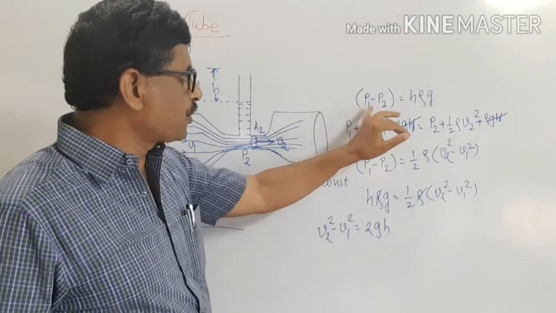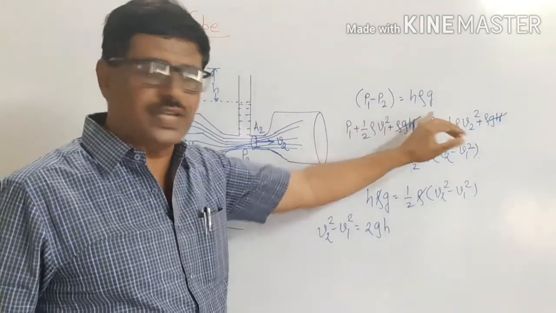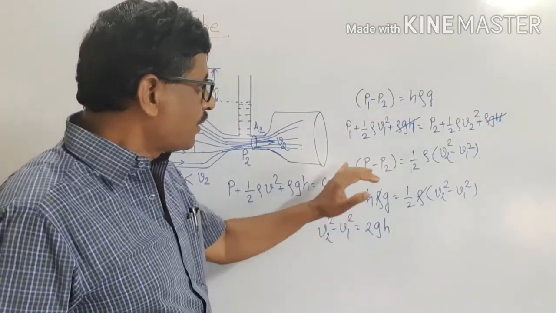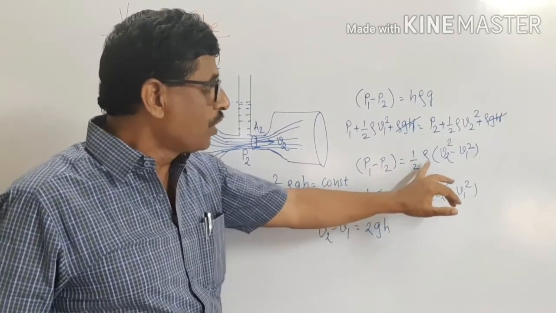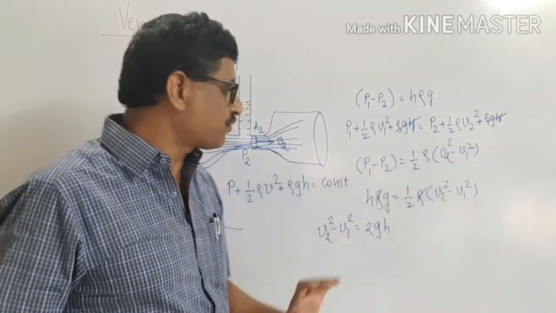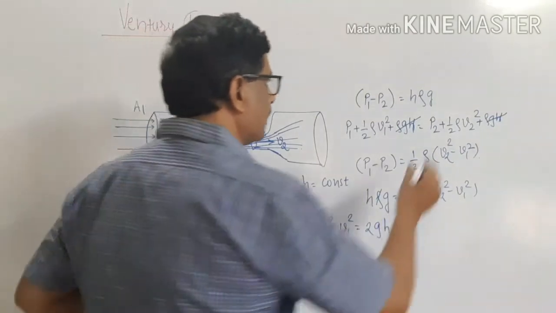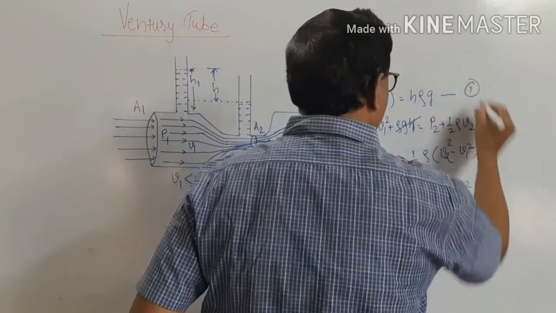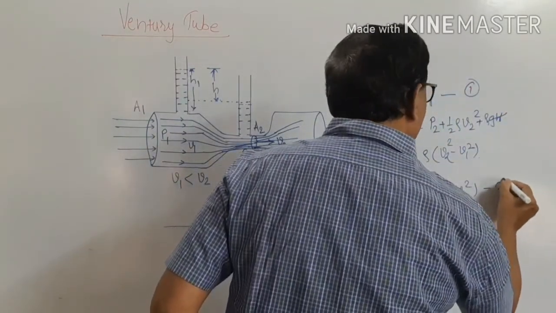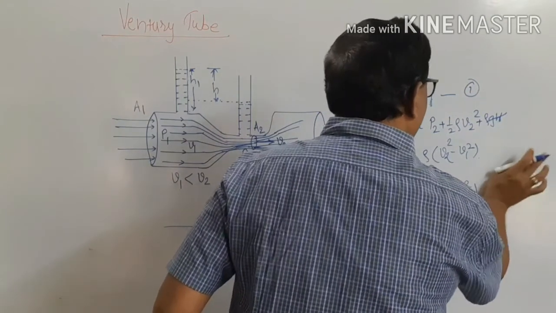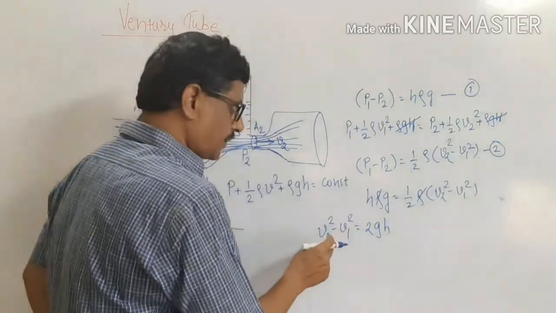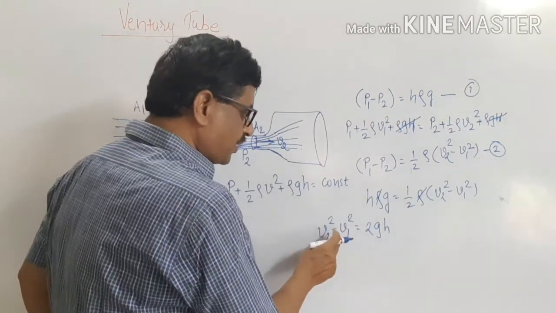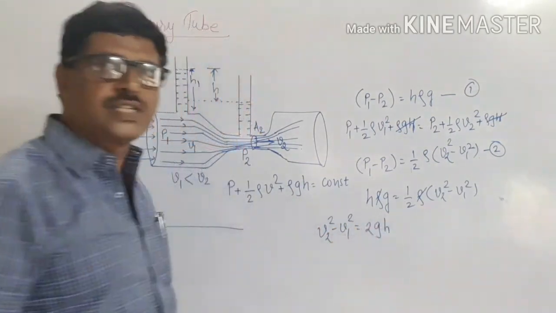Here the pressure difference P1 minus P2 is equal to H rho g, and from Bernoulli's equation P1 minus P2 is equal to half rho into V2 square minus V1 square. Equating equation 1 and equation 2, we will get V2 square minus V1 square is equal to 2gH.